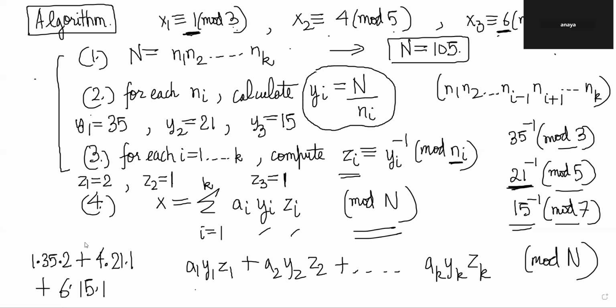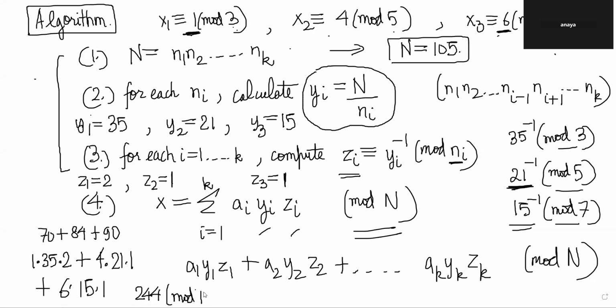So this is 70 plus 84 plus 90. 70 plus 90 is 160, and plus 84, 244.